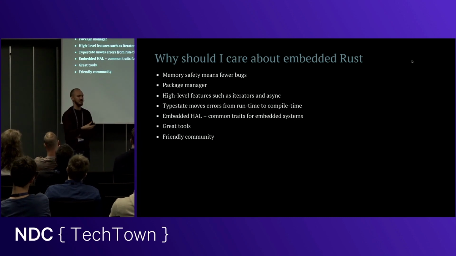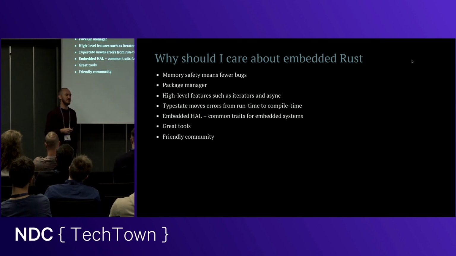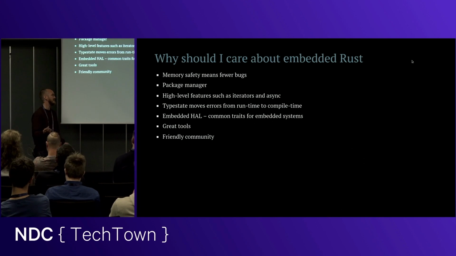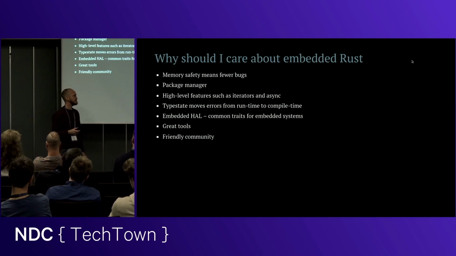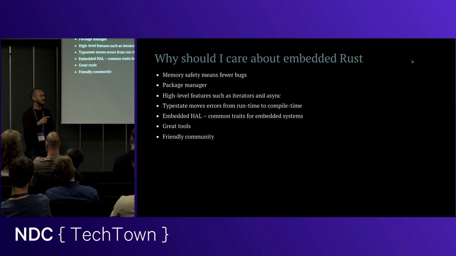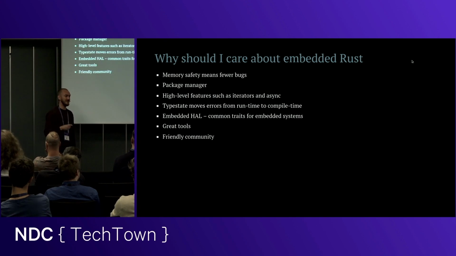But I think the most promising is async. There's a project called Embassy that has an async runtime for Rust. You get tasks with a very small memory footprint. Since you're single threaded anyway, it's easier to reason about the cooperative multitasking on a small system. At least I find that.